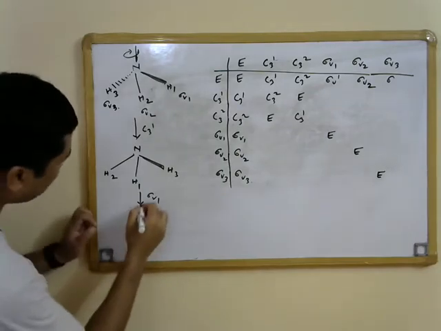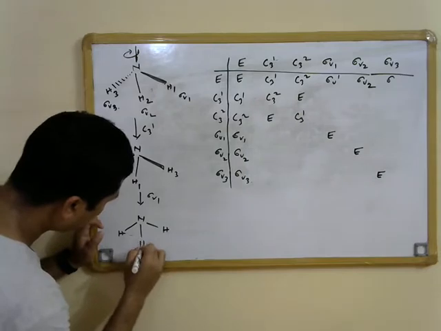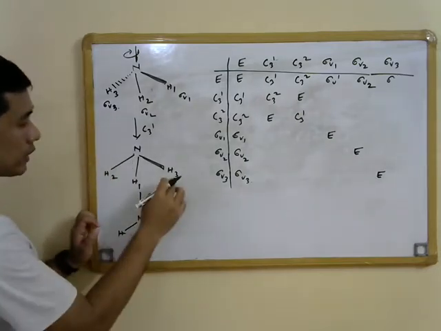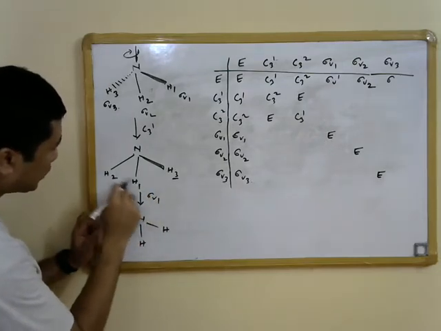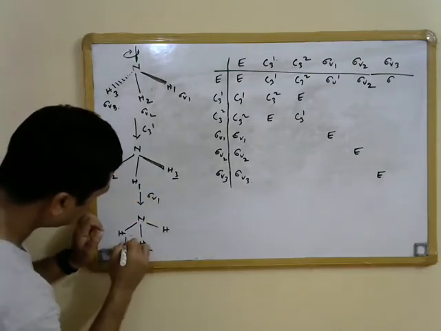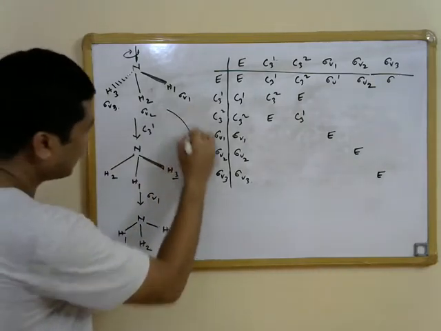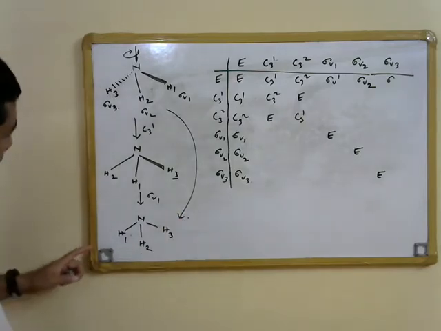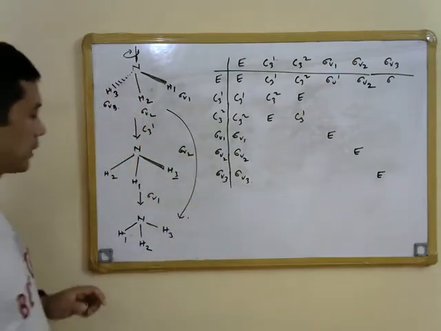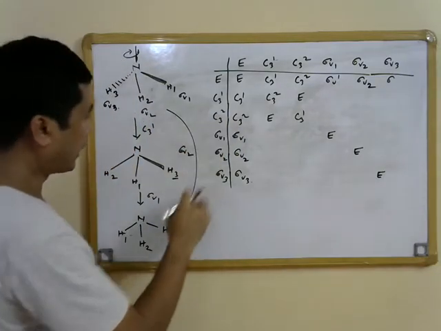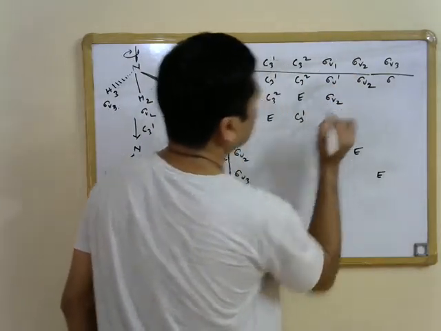So now when we do sigma V1, H3 is going to remain static because it contains the sigma V1 plane, while H1 and H2 will swap position. So this is H2, this is H1, and this is H3. So in that case, we can reach from here to here, we know, by doing the sigma V2 symmetry operation. So that means directly the product C31 sigma V1 is equal to sigma V2.